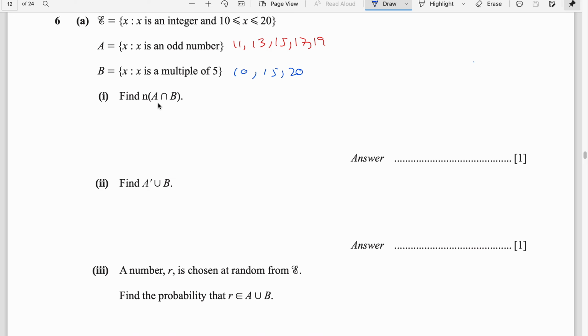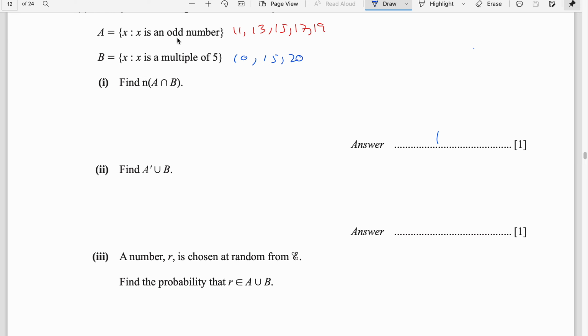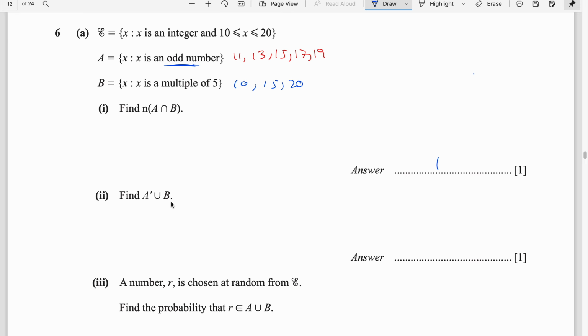Now find n of A intersection B. The intersection of these two sets is only 15. n means number, so it is one element only. Answer is 1. A complement union B. A complement would mean all the even numbers. So I'm writing E complement and union of B. Even numbers 10 and 20 are already there, only addition of 15.